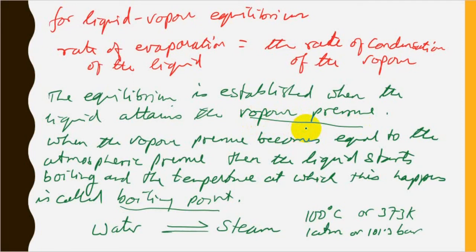Suppose it is half filled, when the cap is closed and you leave it overnight, you'll see lots of droplets of water deposited on the empty part of the bottle, isn't it? So that is due to condensation. So the rate of evaporation and condensation inside means equilibrium has already been established.